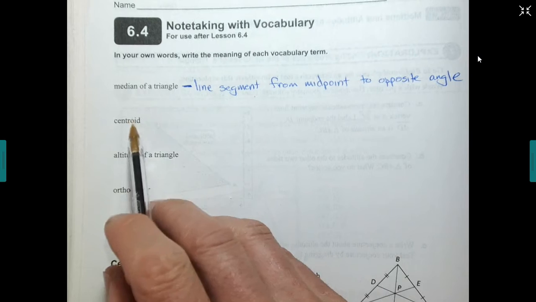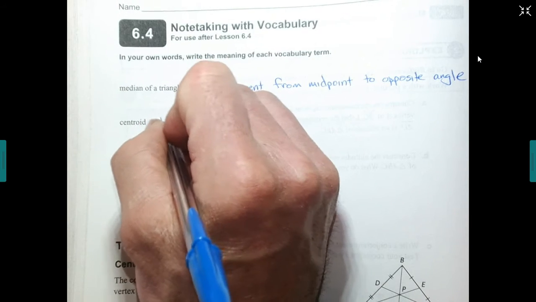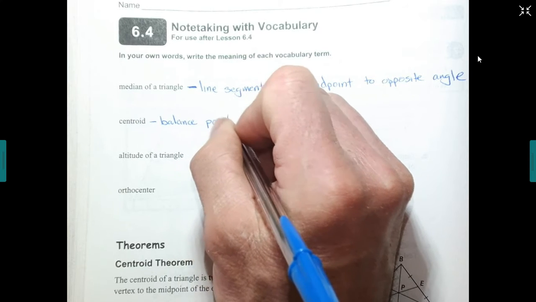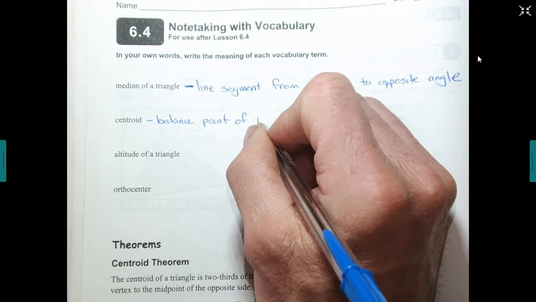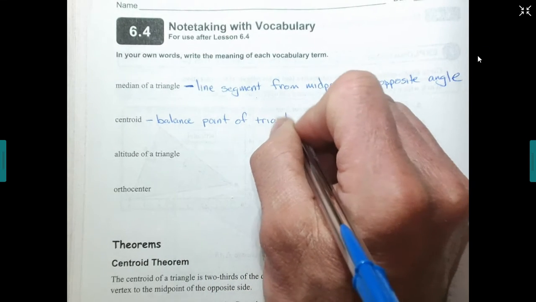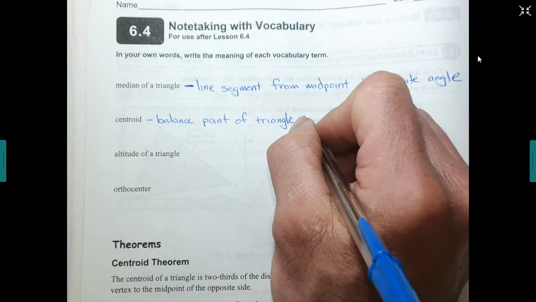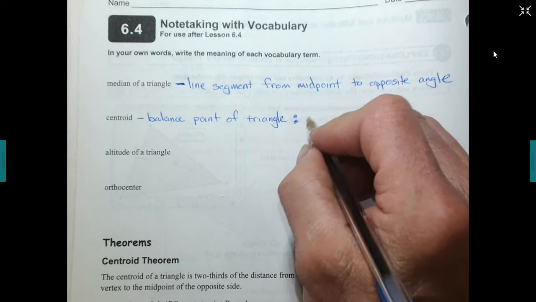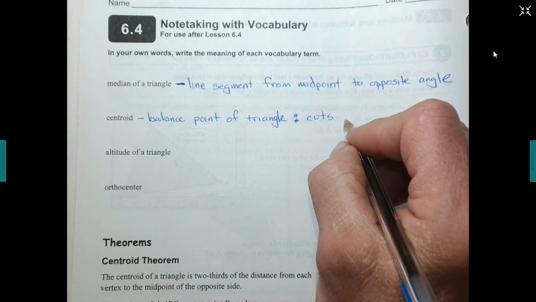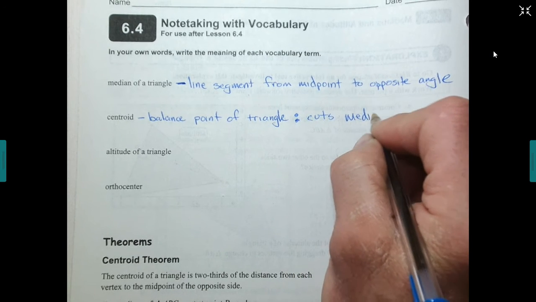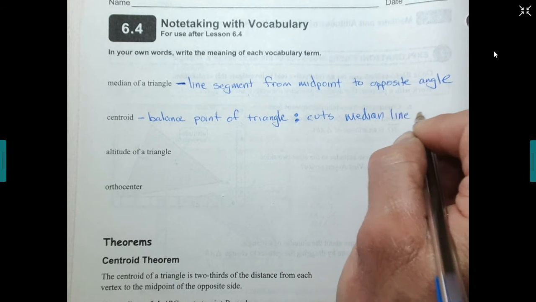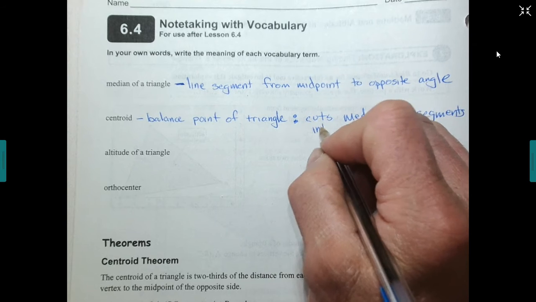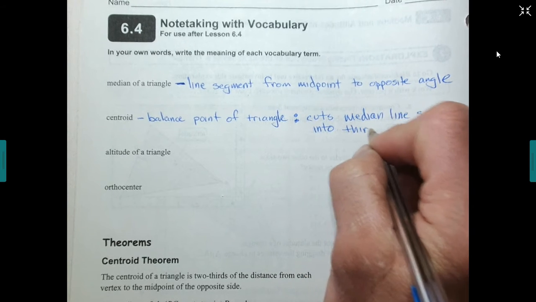And that helps you find the centroid, or the balance point of the triangle. Also, the point that cuts median line segments into thirds.